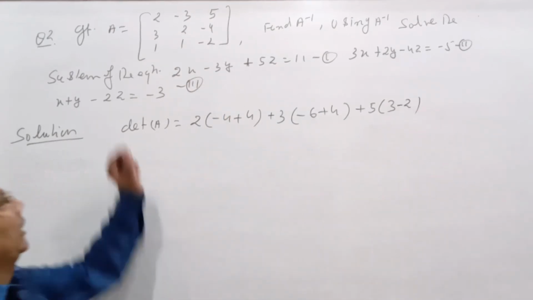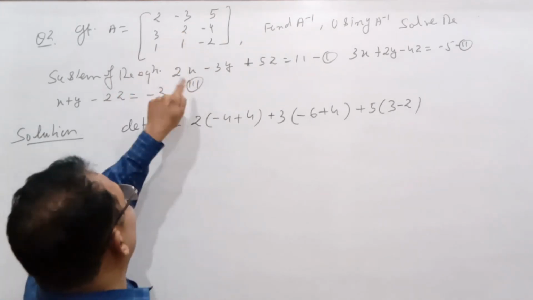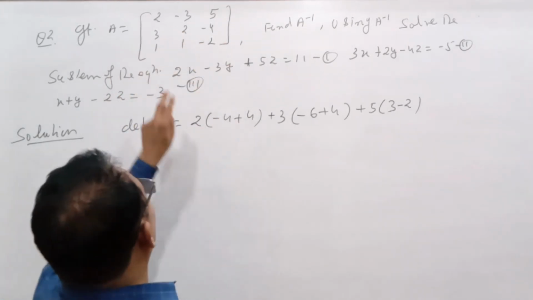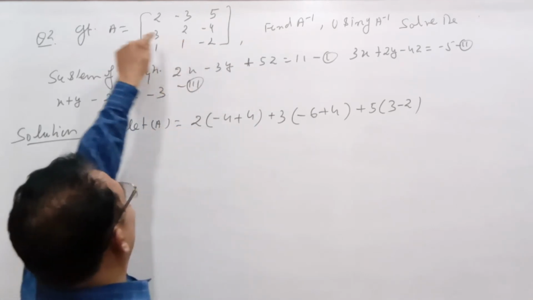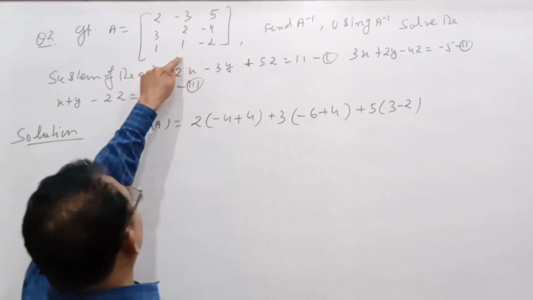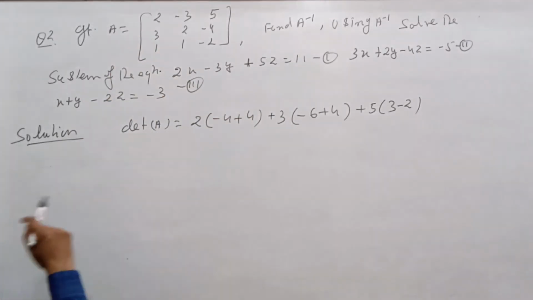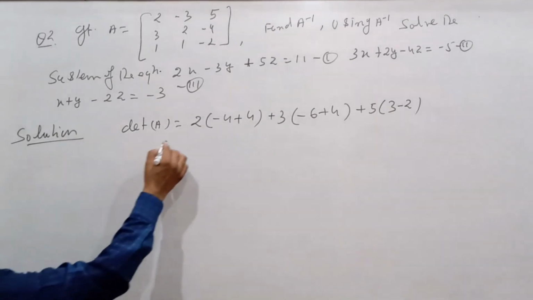Again we check, once more. The value is minus 4 plus 4, minus 6 plus 4, and 3 minus 2. So therefore that is right.